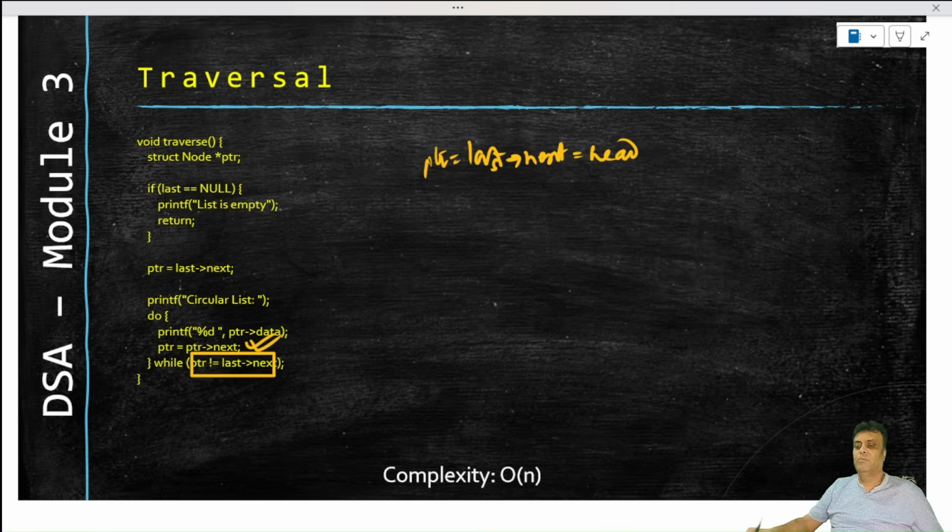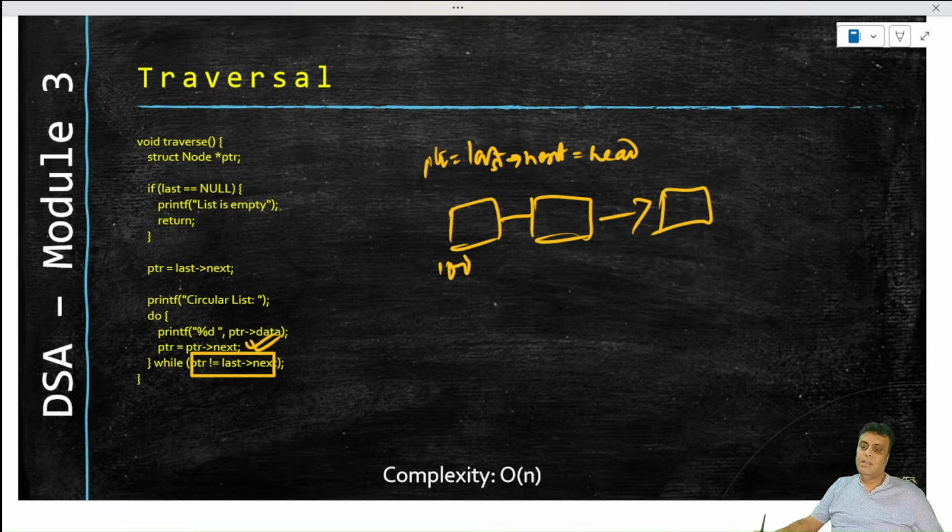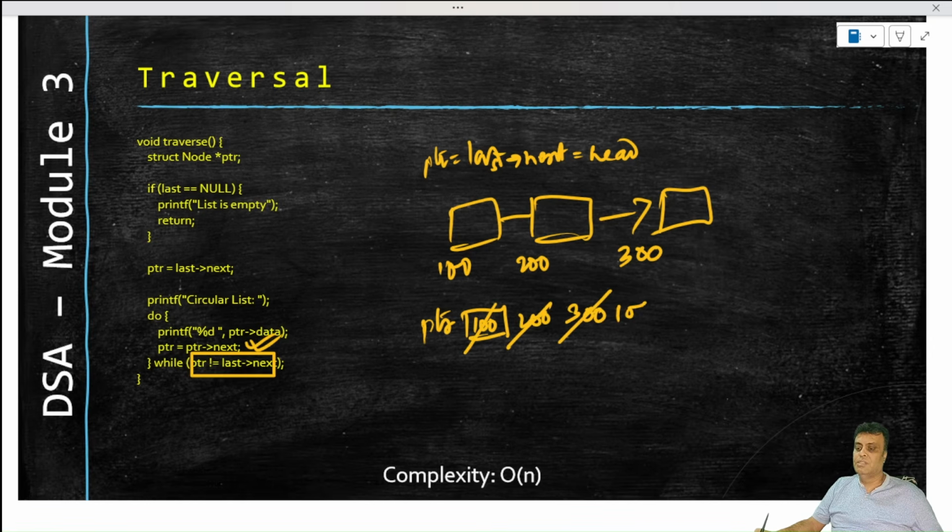I have drawn this multiple times and I'm drawing it one more time. If this is 100, this is 200, this is 300, then my pointer is here at 100. It goes to next 200, goes to next 300, goes to next 100.